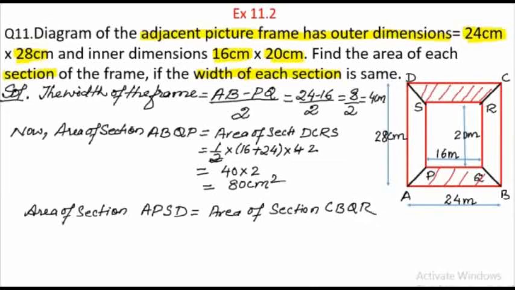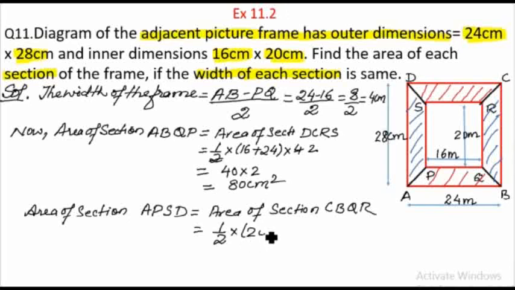These two sections are this one section and this section. The same formula we are going to use, as this is also the shape of a trapezium. So 1 by 2, sum of parallel sides, this is 20 and this side is 28.